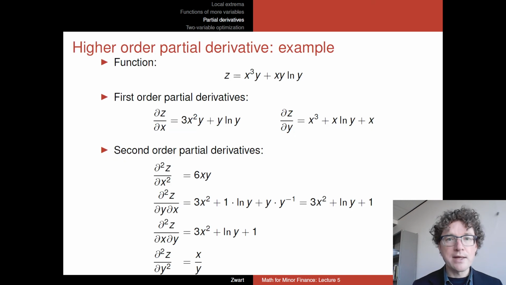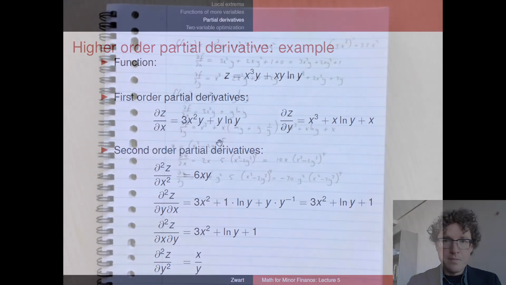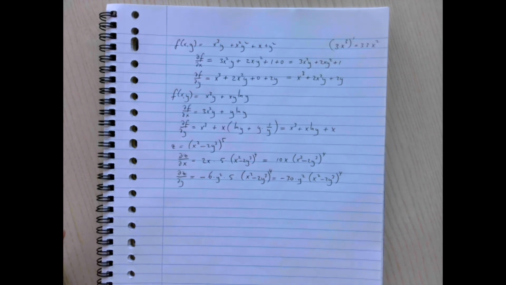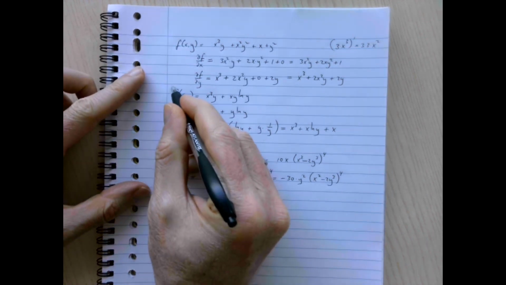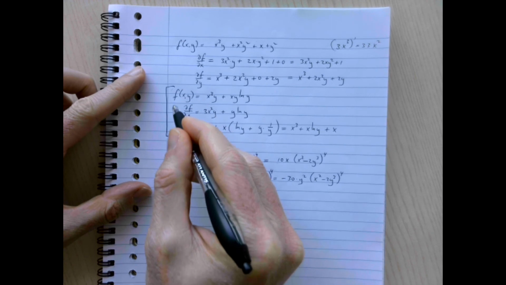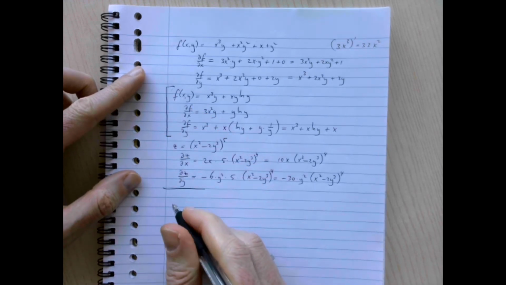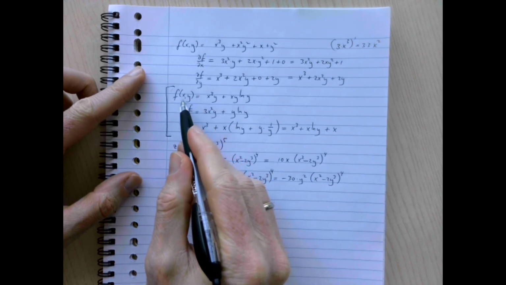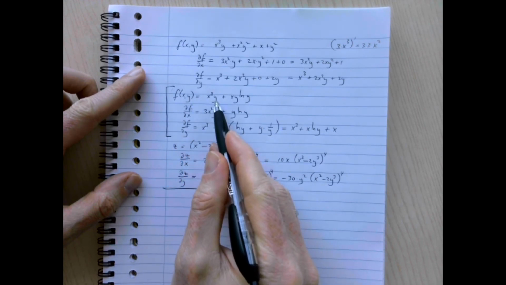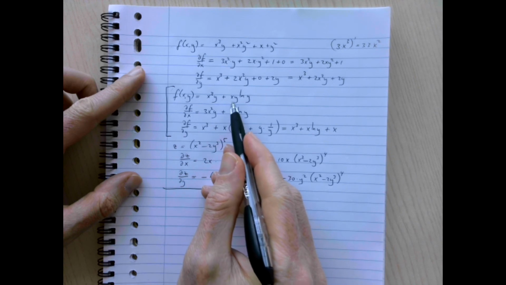So let's do that. So let's take the higher order, or the second order derivative in this case, of one of these functions that we already actually looked at before. So let me do that again on paper. So I'm going to look again at this function f, which had, so f of x and y is x cubed times y plus xy log y.